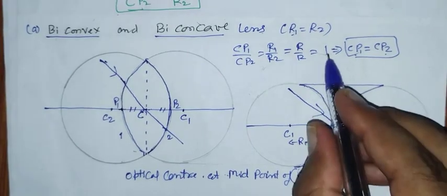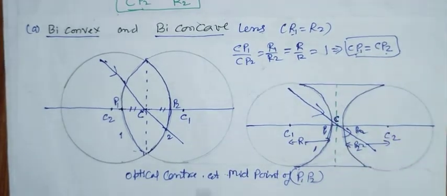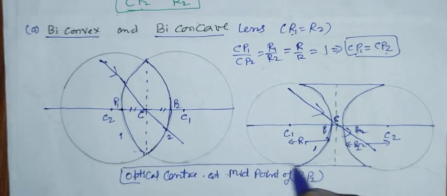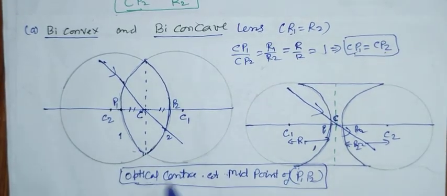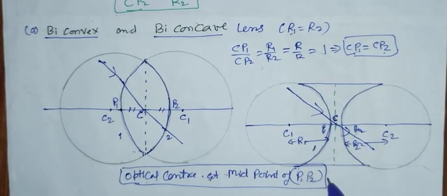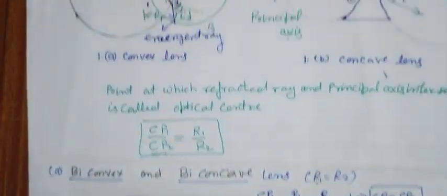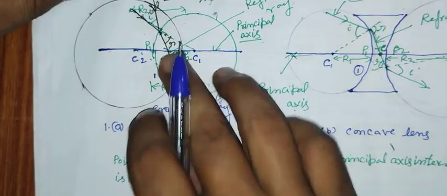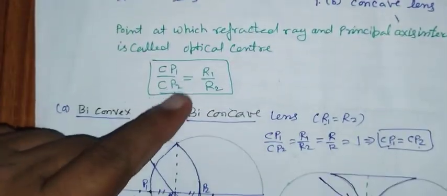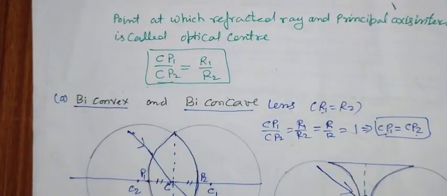Both are equal, ratio 1, CP1 is equal to CP2. Then this observation is obtained here: the optical center is found at the midpoint of P1 and P2. So it is clear that the optical center depends upon the ratio of radii of curvature.